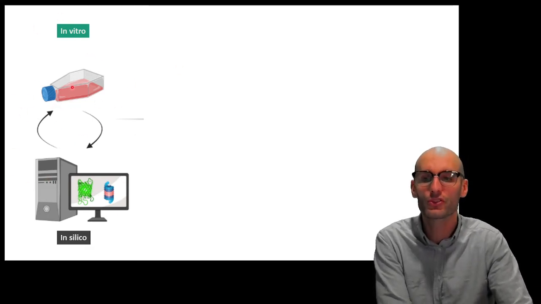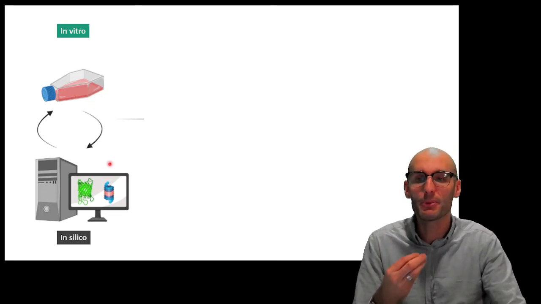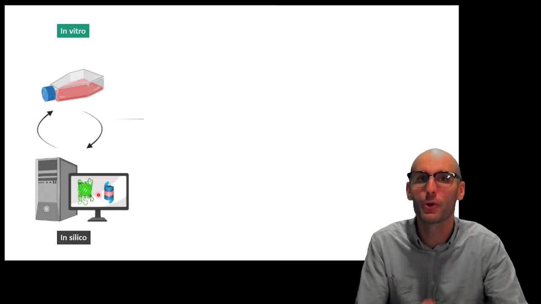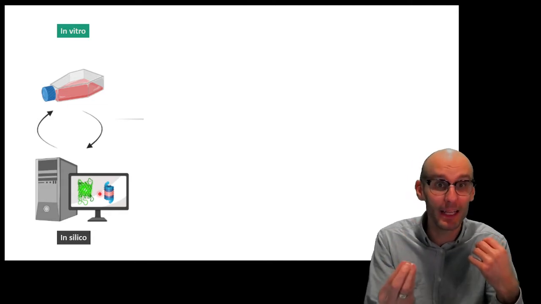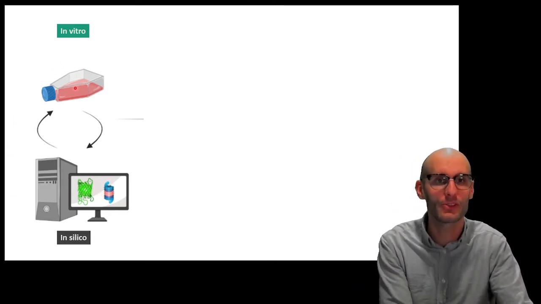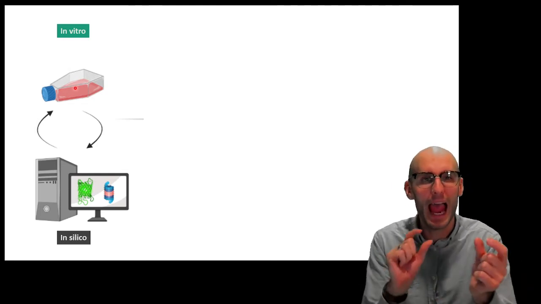So we'll screen a bunch of drugs, we will find a lead candidate, we will then plug that lead candidate into our computer model and see how we might be able to improve it. Then we would generate a bunch of drugs that are similar to that lead candidate, and we would screen them again in our cell culture. This actually informs the computer program about how the tweaks worked.